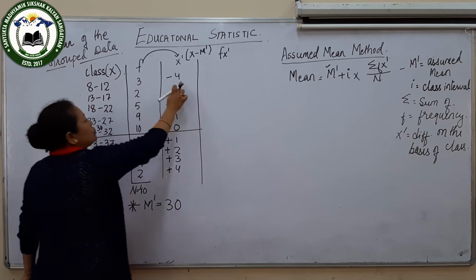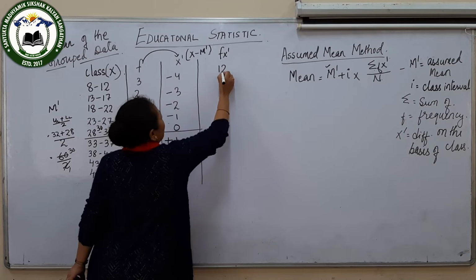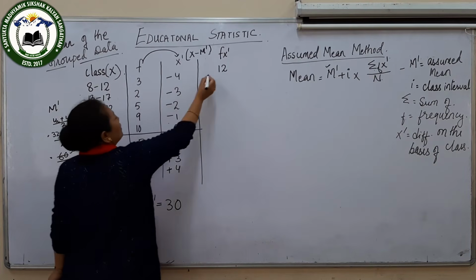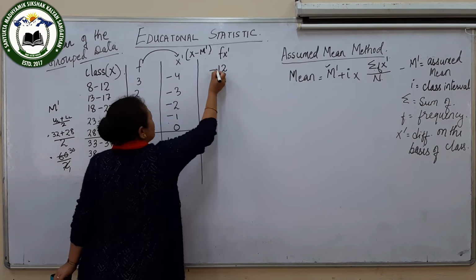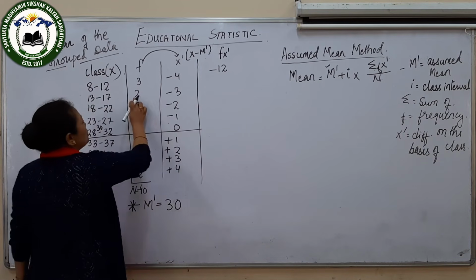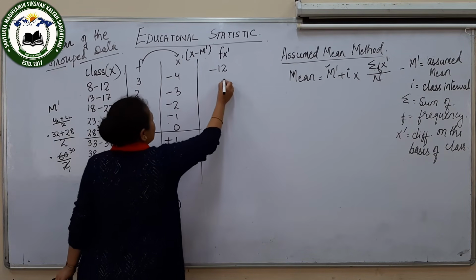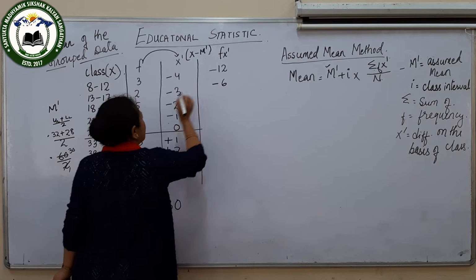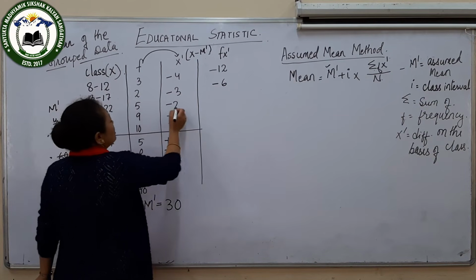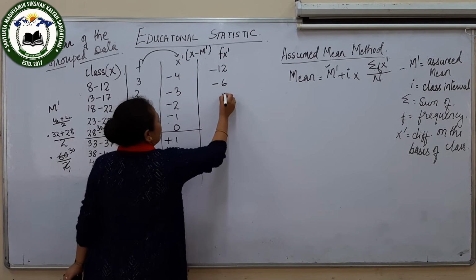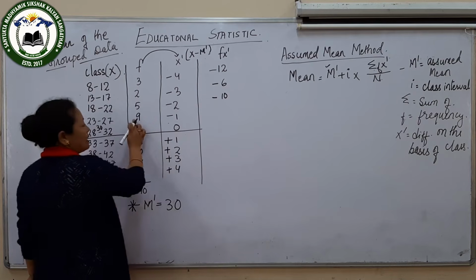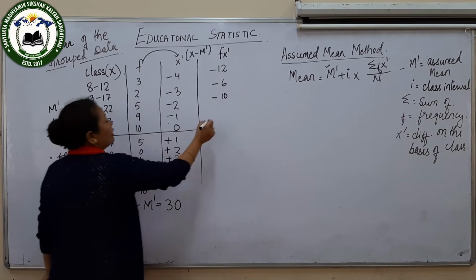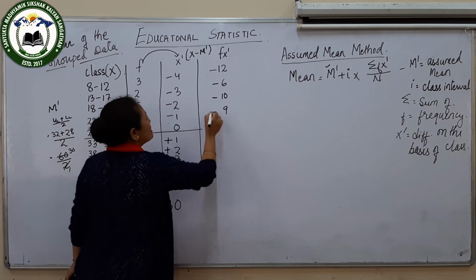So 3 into 4 is 12. Since the number is negative, we'll mark negative. 2 into 3 is 6, and this is also negative. Likewise, 5 into 2 is 10, that is minus 10, and 9 into 1 is 9, that is minus 9.